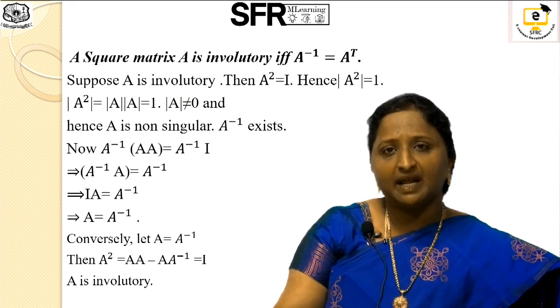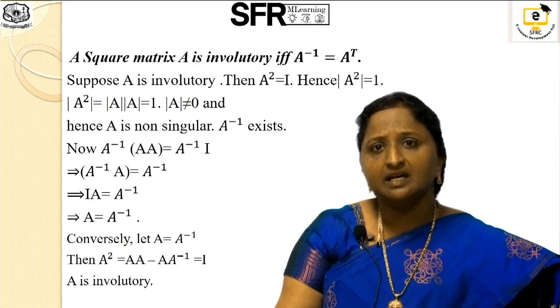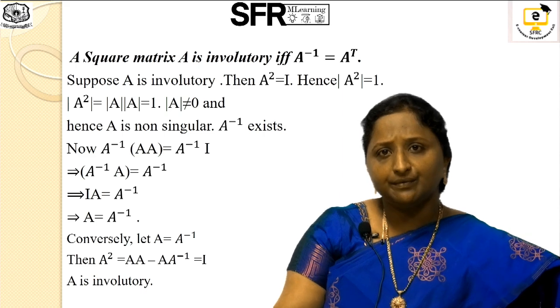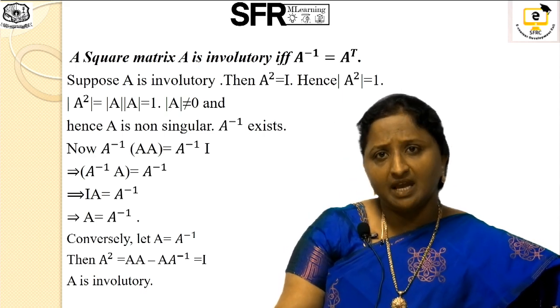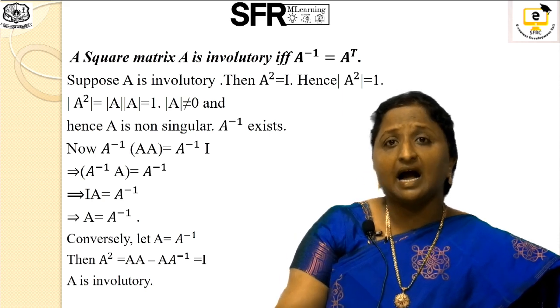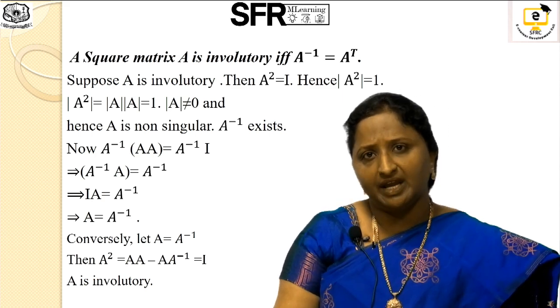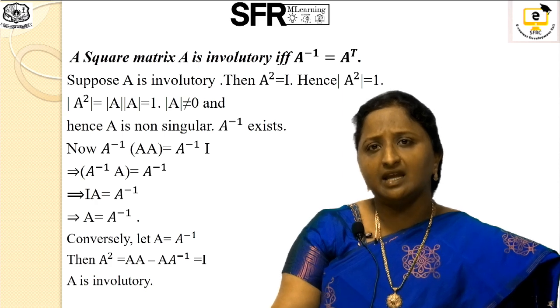So I am multiplying both sides with the inverse, that is A inverse A A is equal to A inverse, that is identity into A equal to A inverse, which proves that A is equal to A inverse.